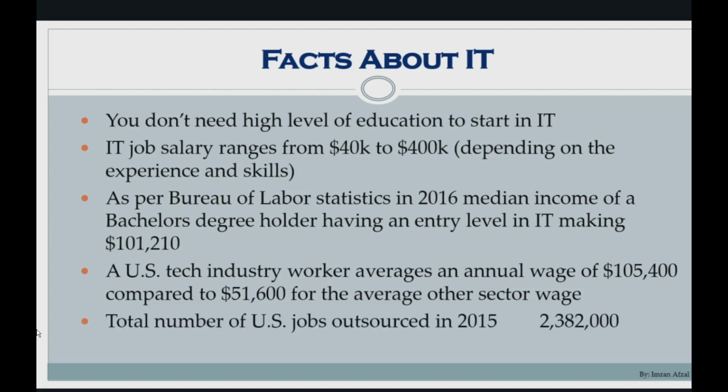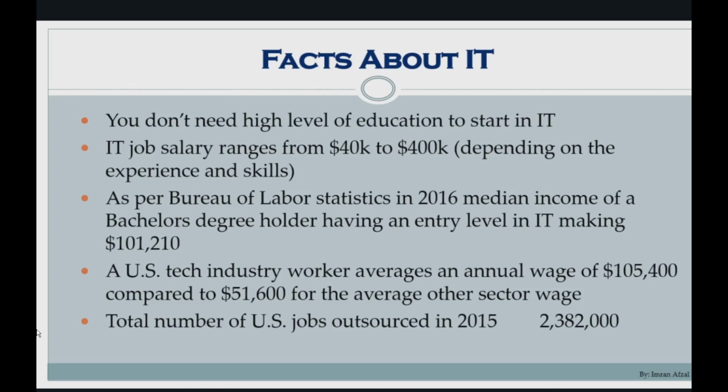And the last one is in the US. In 2015, the IT jobs that were outsourced were over 2 million. Now, guys, that's definitely something wrong here. It means we don't have the right people.